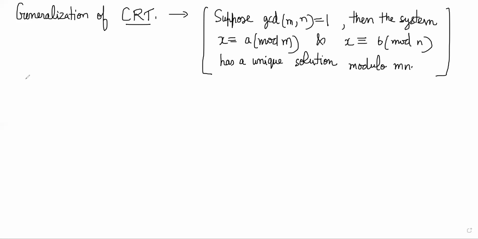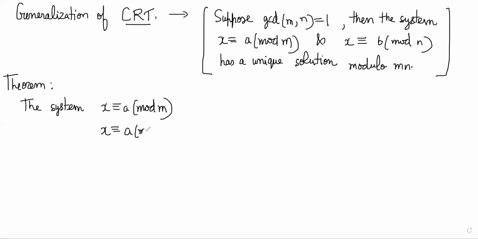Now, the generalization that we want to look at is this theorem. This theorem states that the system x is congruent to A mod M and x is congruent to B mod N has a solution if and only if GCD of M and N divides A minus B. Right now we have not stated that GCD of M and N is 1.